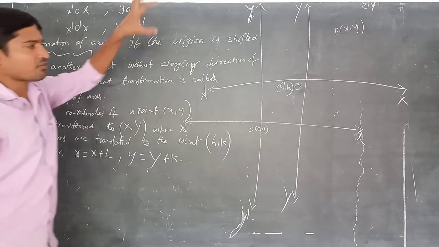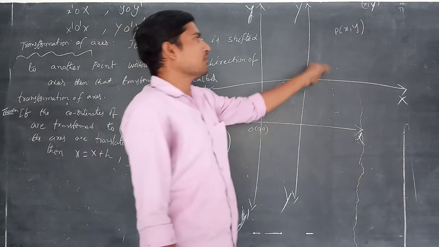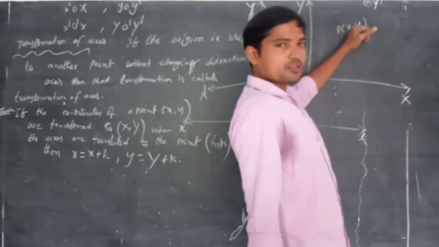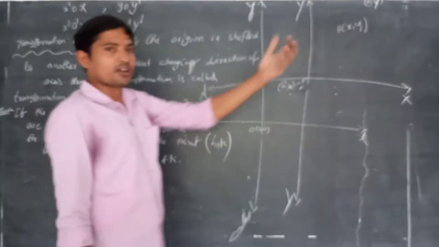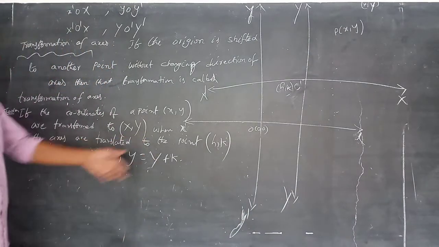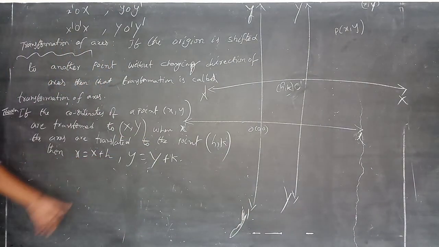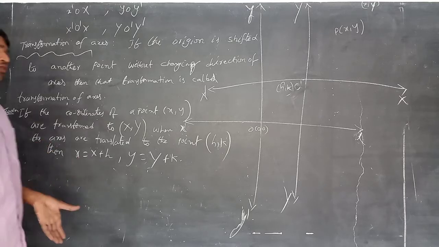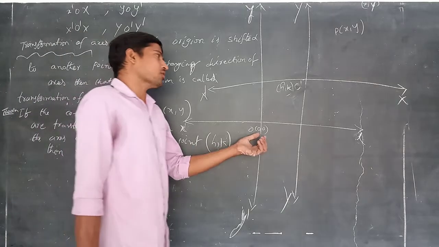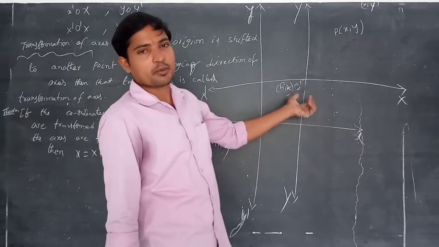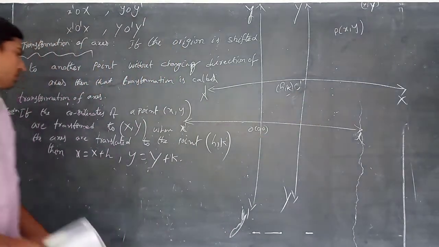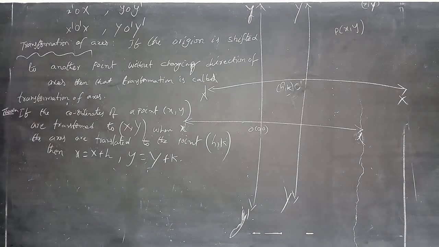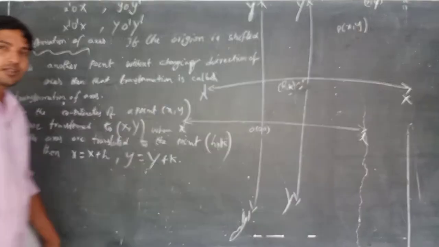When the axes are shifted to some other point, then the point becomes capital X comma capital Y. When the axes are translated to the point h comma k, the origin, before that the coordinates of origin were 0 comma 0, now the coordinates of origin are h comma k. Then small x equal to capital X plus h and small y equal to capital Y plus k.